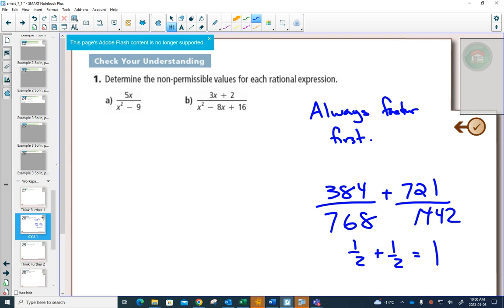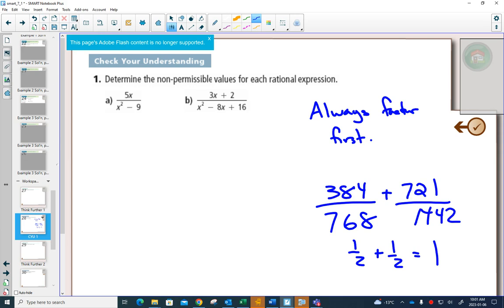One of the ways that we simplify in algebra is factoring. Here, I saw that I could divide both top and bottom by 384, and then I get 1/2. We're going to need to do that with algebra, but in order to recognize that something's the same on the top and the bottom, we have to factor.